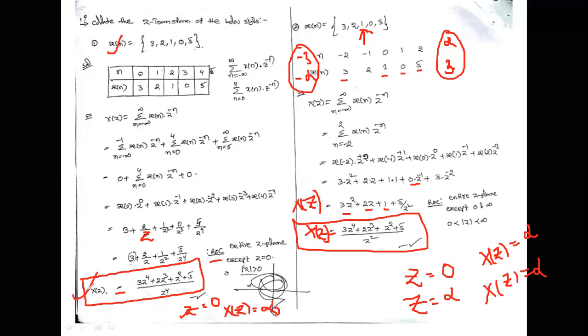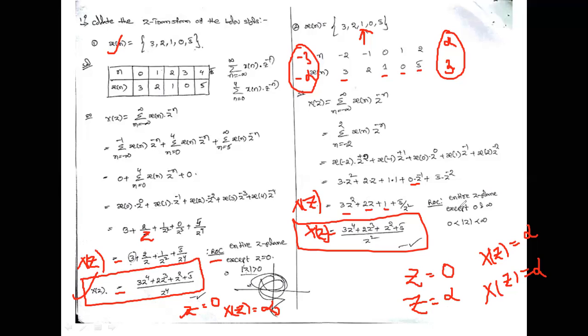Got it, my dear students? But here you can also observe that in the previous equation of X of z, if we substitute z is equal to 0, the last terms become infinite. The first term is 3, the 0 term is infinite, 3 plus infinite is again infinite only. But in this equation, the last term 5 by infinite becomes 0, and the remaining two terms become infinite.